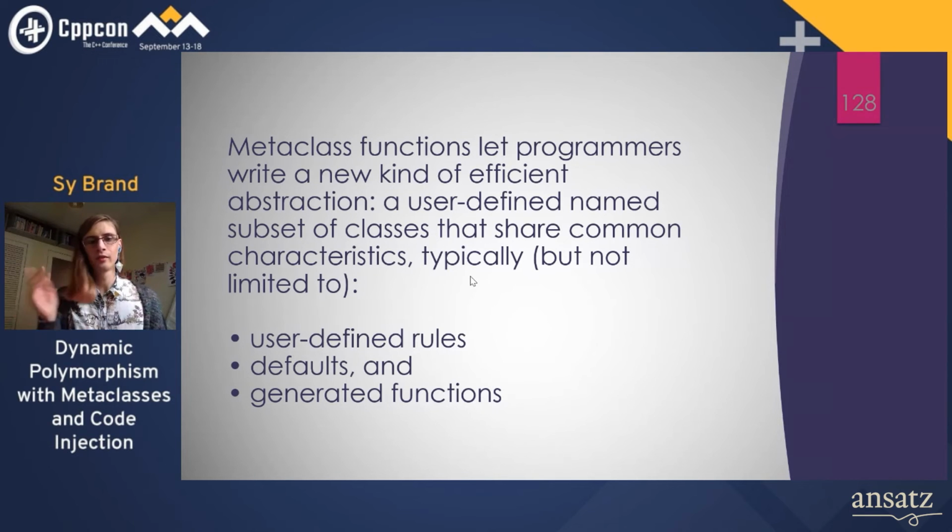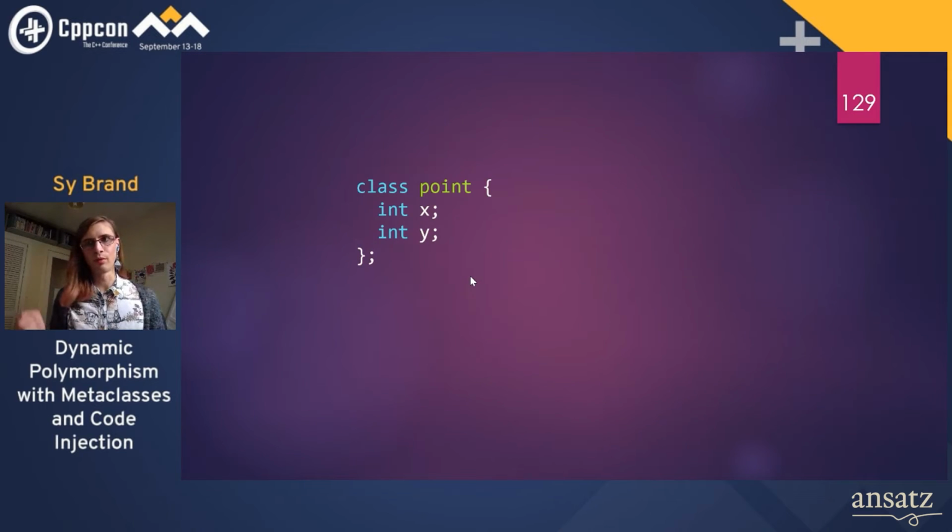In the case here, I use generated functions. That's the main part I'm using. For example, coming back to our point object, currently point is just an X and a Y. We don't have comparison operators for it.